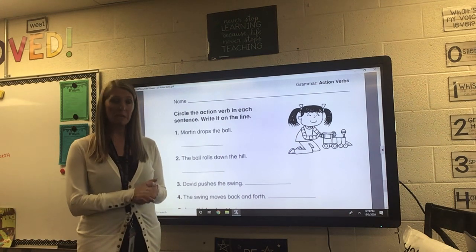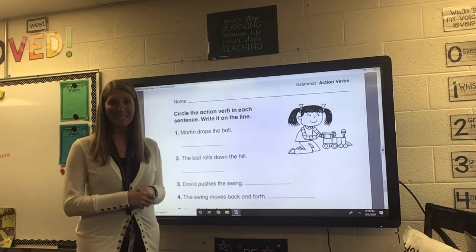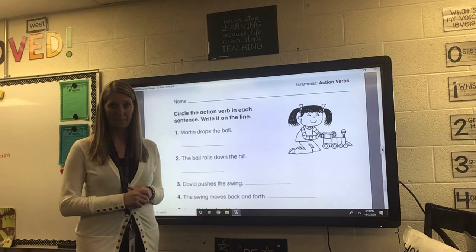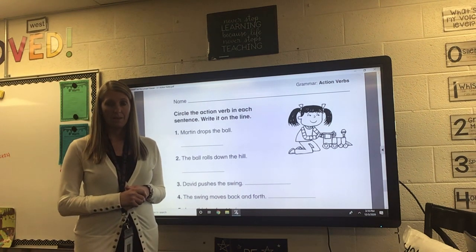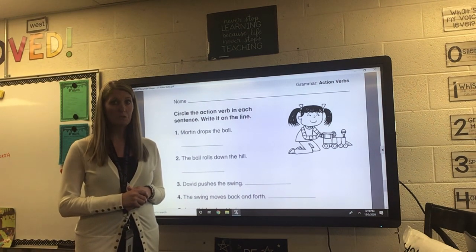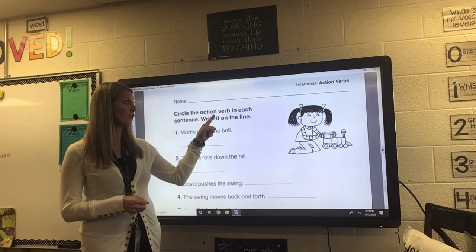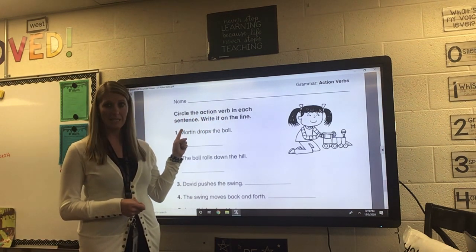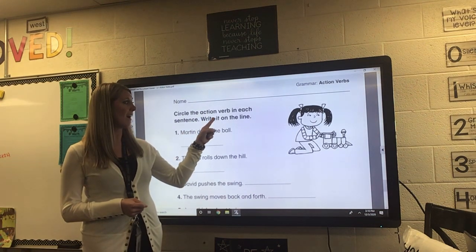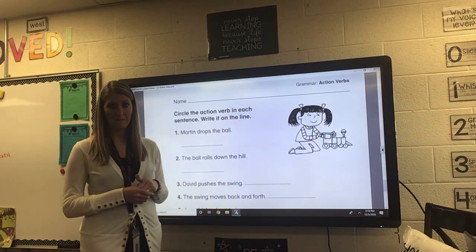Once you get your sheet, please write your name nicely at the top. Then the directions say you are going to circle the action verb in each sentence. Write it on the line.